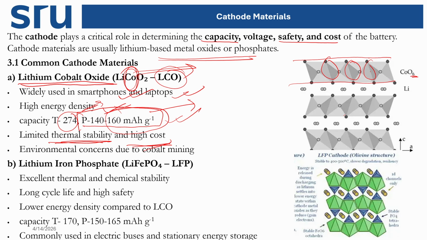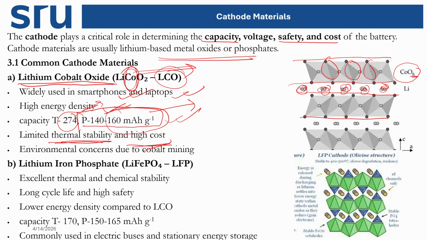In between two layers there are lithium ions. So one layer is made by CoO6, where cobalt is octahedrally coordinated with 6 oxygen atoms, and in another layer the lithium can occupy the positions. That's how the structure of lithium cobalt oxide is.